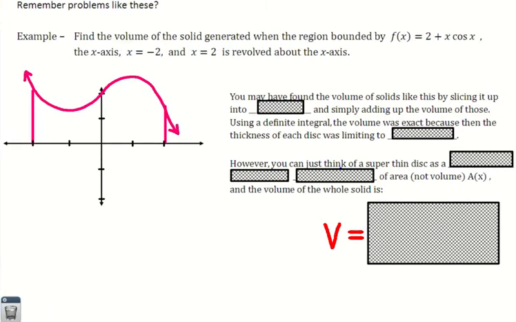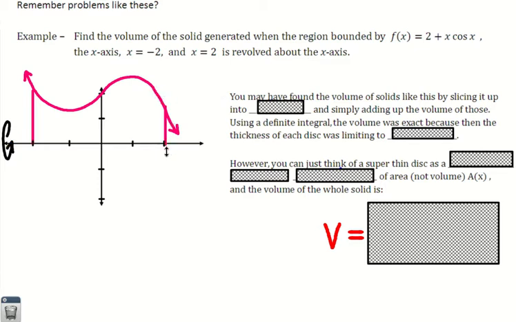And so we can kind of see the region that is bounded. And we're going to rotate it about the x-axis.